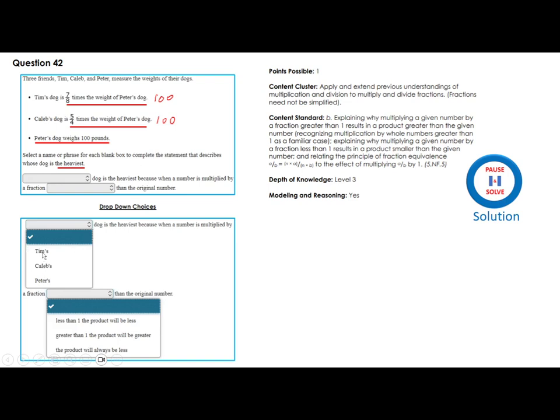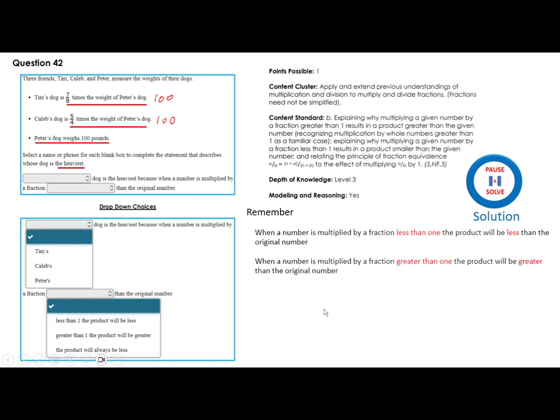So you have to check, is it Tim's, Caleb's, or Peter's, and why, okay? So remember, when a number is multiplied by a fraction less than 1, the product will be smaller. That's the situation here. This is less than 1, so that would be less than 100. And when a number is multiplied by a fraction greater than 1, the product will be greater than the original.